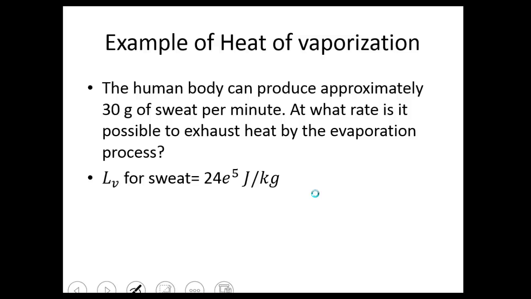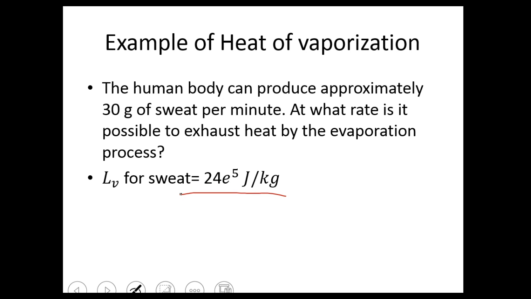All right, so let's talk about sweating. The human body can produce approximately 30 grams of sweat a minute, which is like 30 milliliters of sweat, if you know what 30 milliliters is. At what rate is it possible to exhaust heat by the evaporation process?